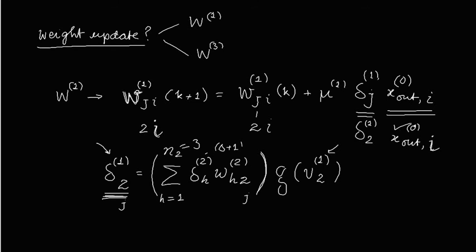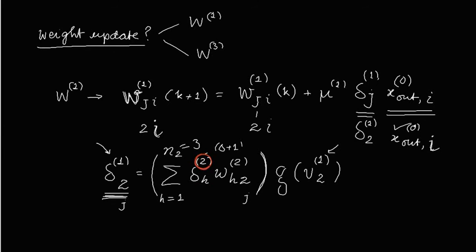Now if we look at this expression, it means that to evaluate the local error at the first hidden layer, we need the values of the local errors at the second hidden layer.